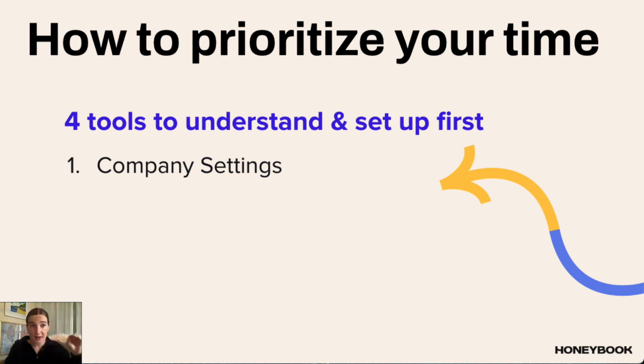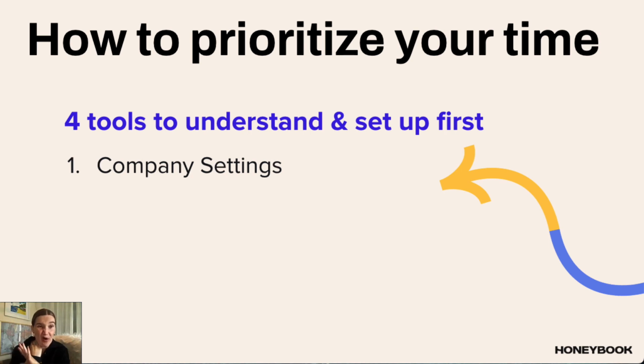We're going to start out in the company settings with these basics, and some of those things will impact the areas that we go into later on. So just keep that in mind. This is the order you'd want to do it in. I would approximate that the company settings portion of prioritizing your time would take, let's be super conservative on this estimate, 15 minutes.